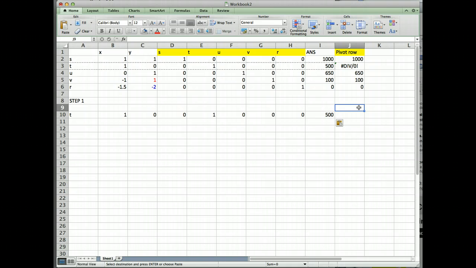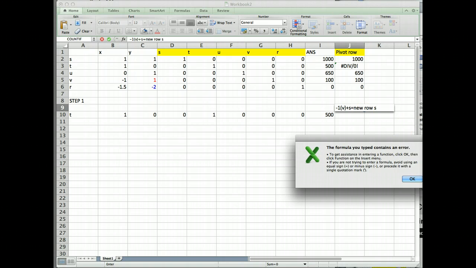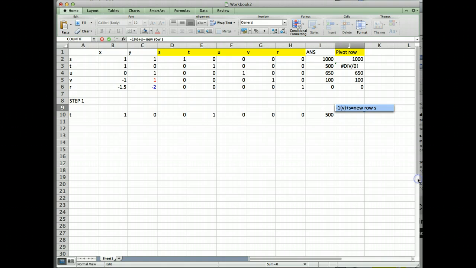Okay? The first thing I want to do to get a 0 in the S column is say negative 1 times the V column plus S will be my new row S. I'm going to try to write it out so Excel doesn't think it's a formula, so you can see the work.